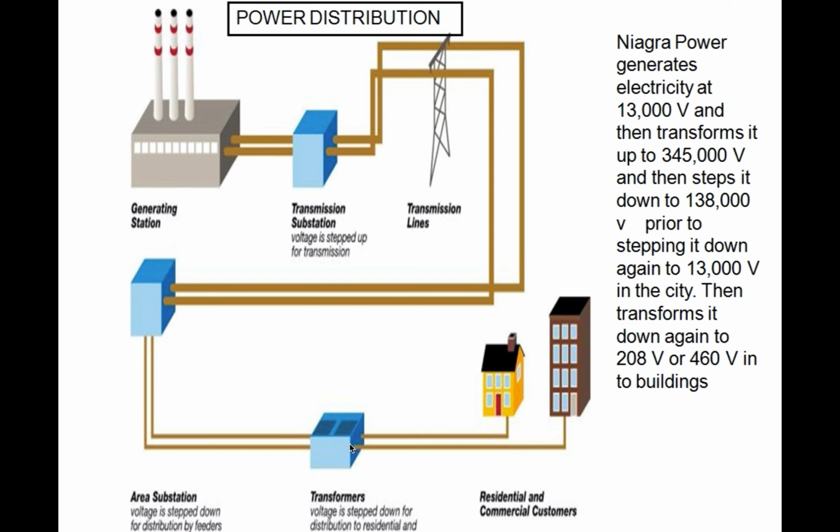That transformer steps it up to a higher voltage, which is carried over the transmission lines, where it gets stepped down to about 138,000 volts in an area substation somewhere in the city. Then it gets transformed down again as you get closer to your building. So it's stepped down to the 208, 480, or whatever it is that it needs to power your buildings.